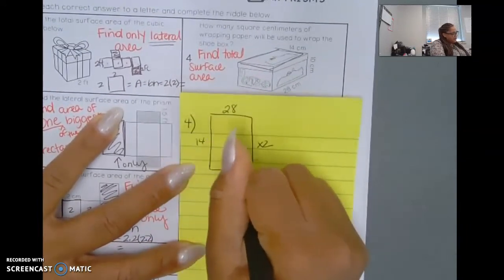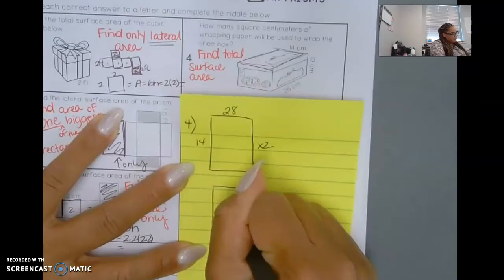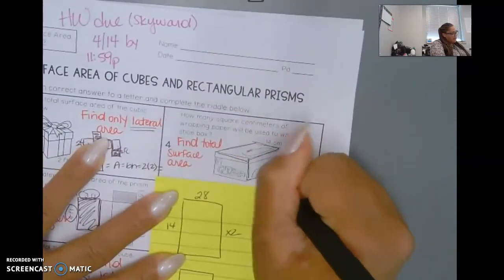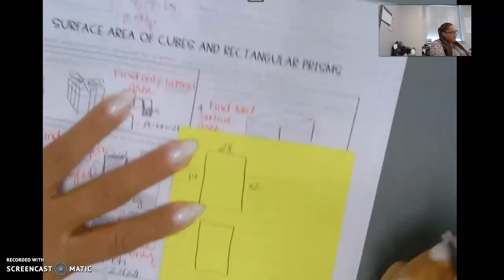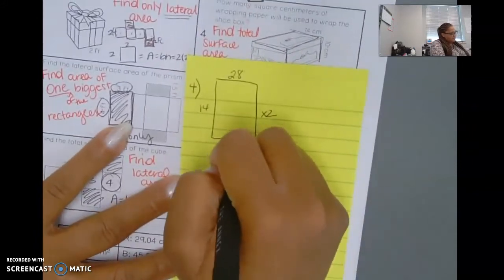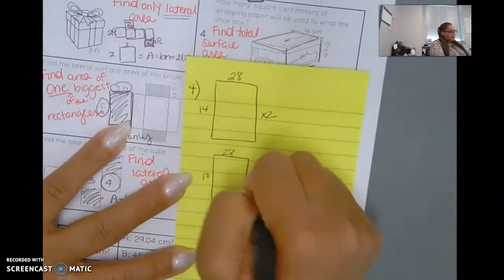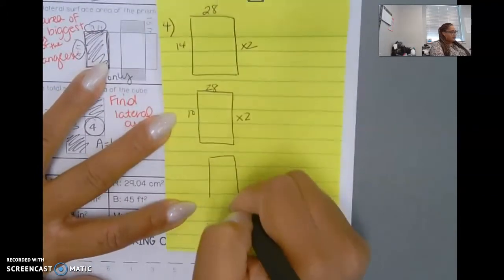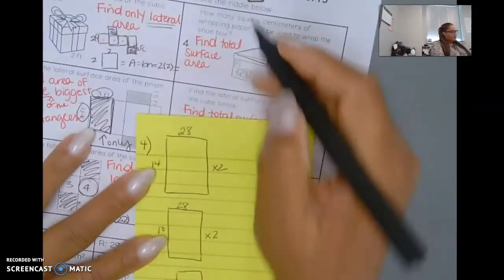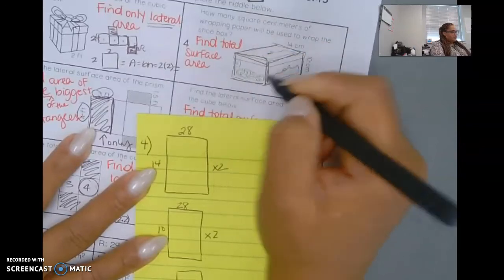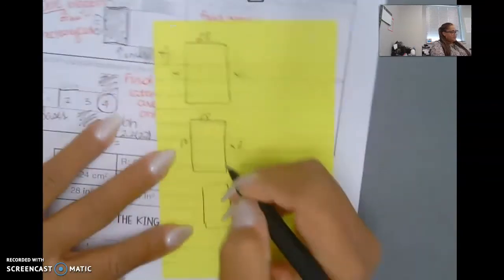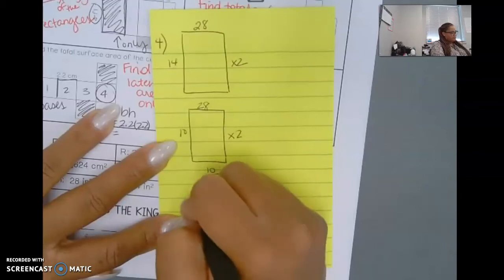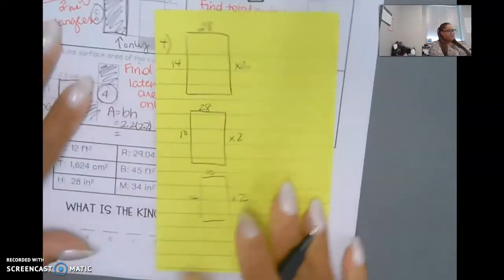Then another rectangle on the side is 10 by 28, and I have 2 of those. And then the last rectangle is this one over here, which is 14 by 10, and I have 2 of those.